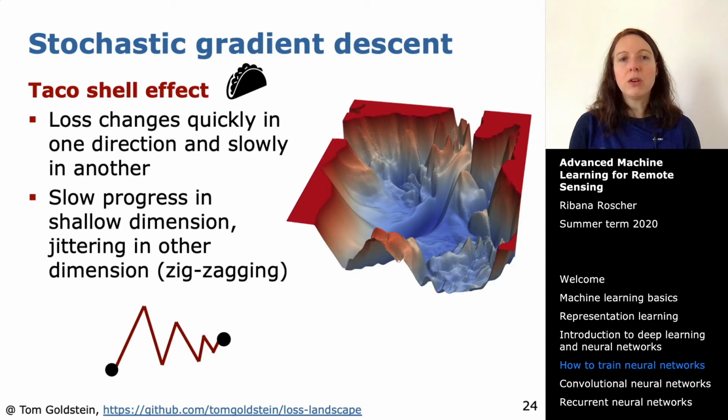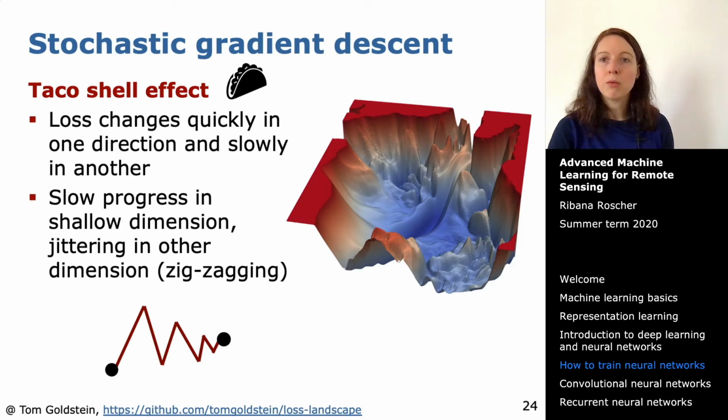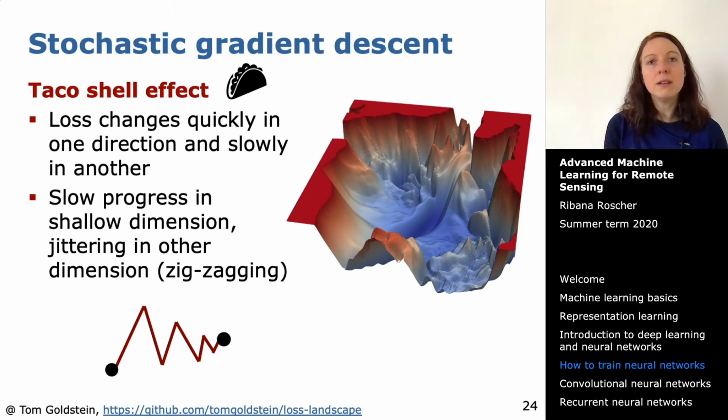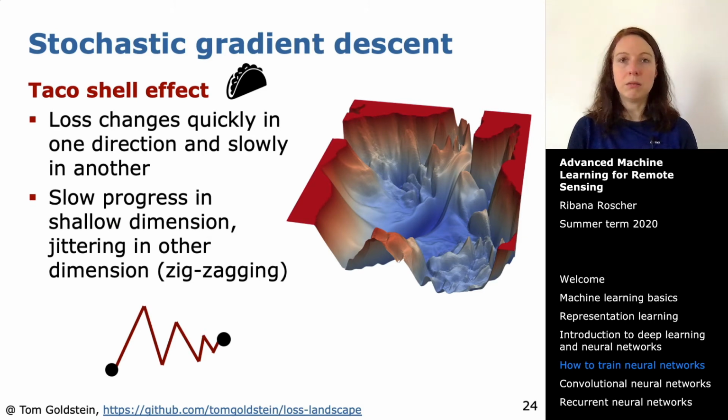I want to talk a little bit more about gradients and the loss landscape. And remember, stochastic gradient descent was that you compute the gradient, and then you apply the learning rate to the gradient, and then you use this as an update to your current parameter setting.